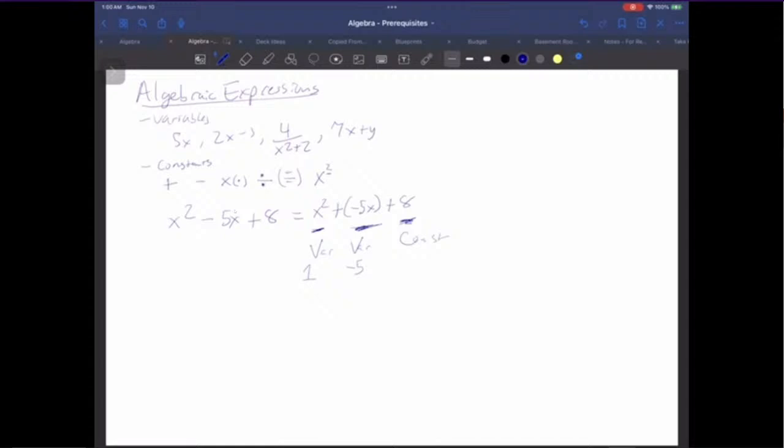So here we have an example expression: minus 3x plus 5. If I choose x is equal to 3, I'm not solving at this point because there's no equality to solve for. I have this expression here, minus 3x plus 5.